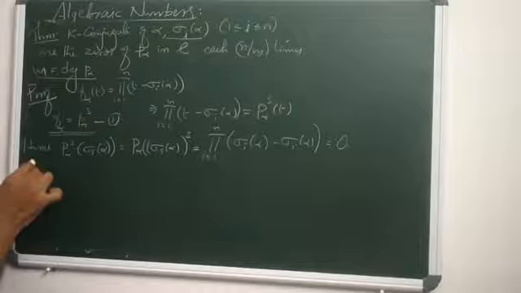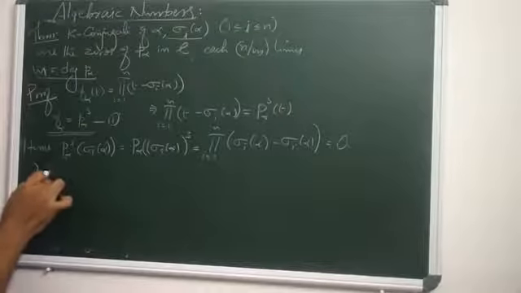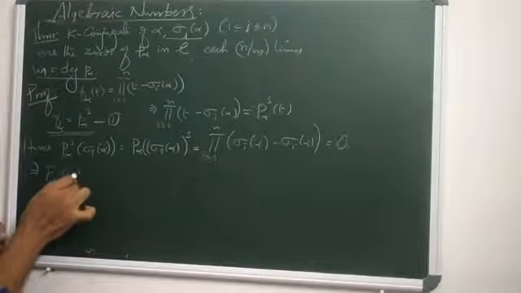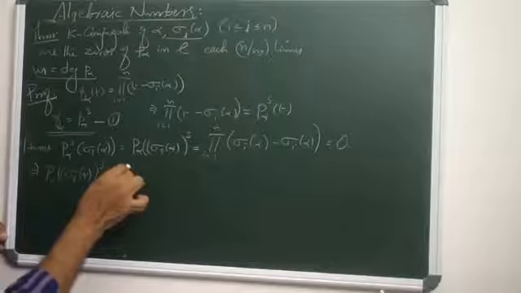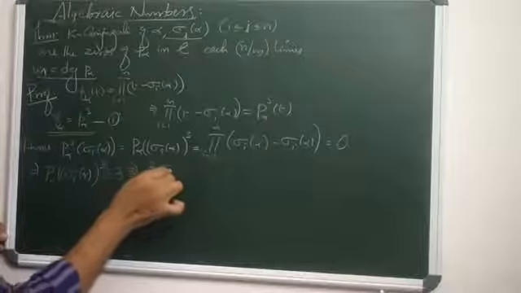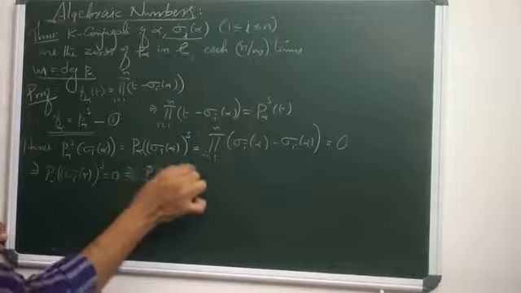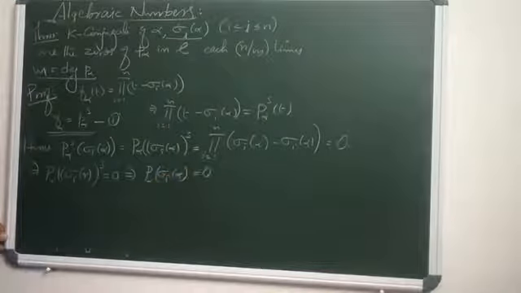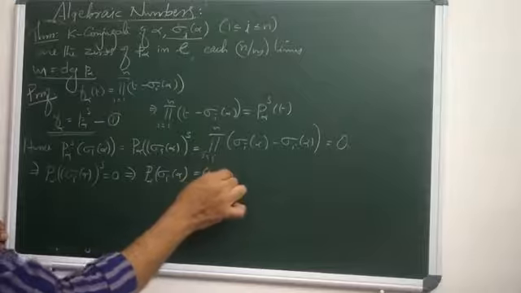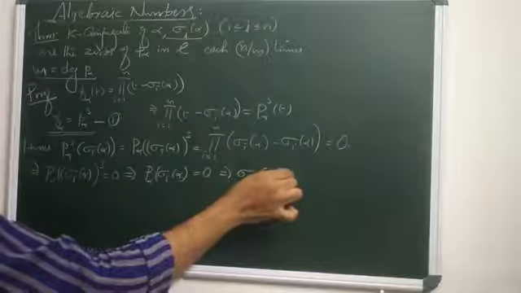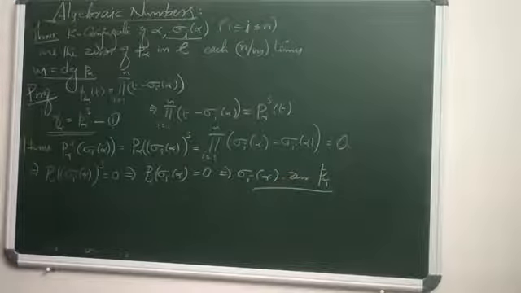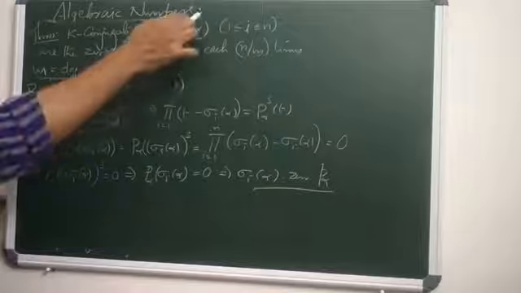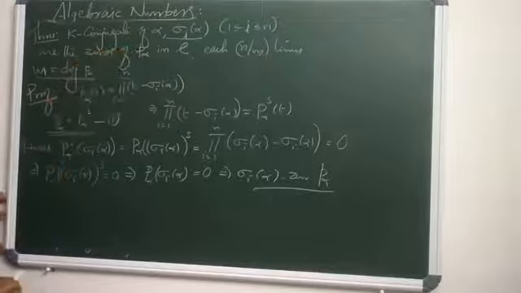That means p alpha of sigma I alpha all power s equals 0. That means p alpha of sigma I alpha equals 0. So that means this sigma I alpha is a zero of the minimal polynomial p alpha. This is our first one. Okay. Sigma I alpha is a zero of p alpha in C.